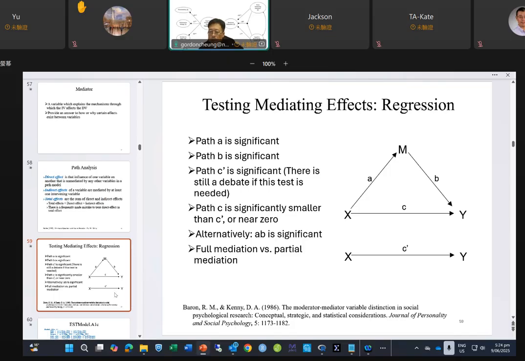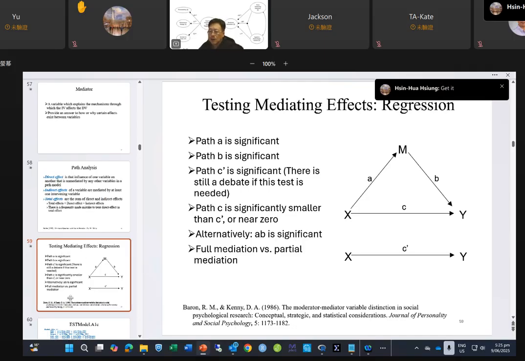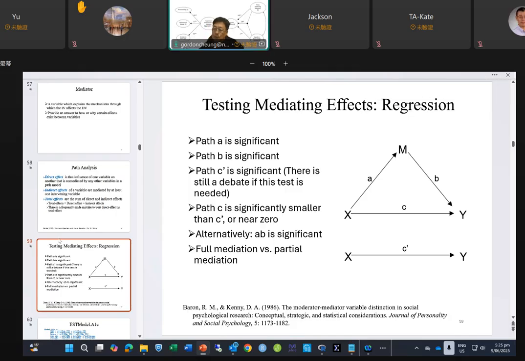You get it? But of course, do you really need to add everything? I also showed you the paper by Wayne et al. when I talked about interaction effect.